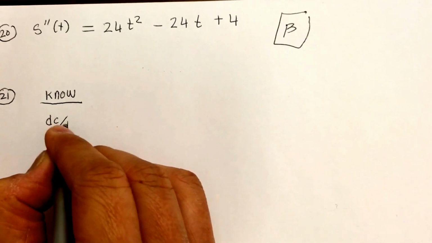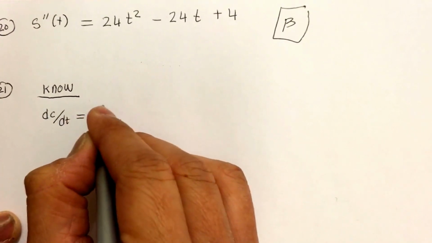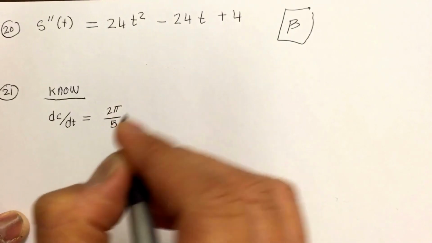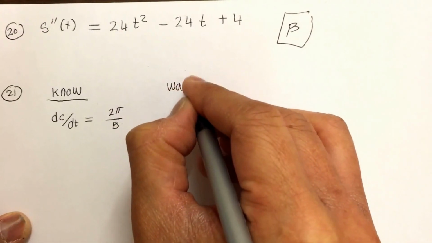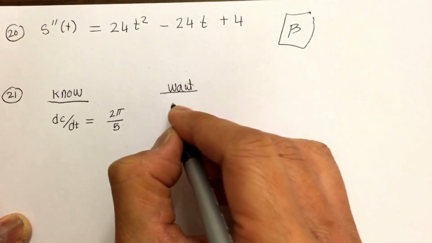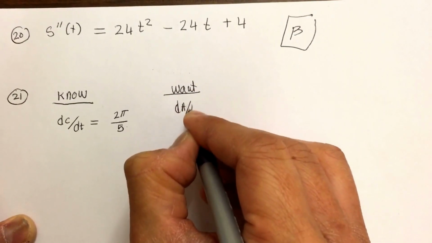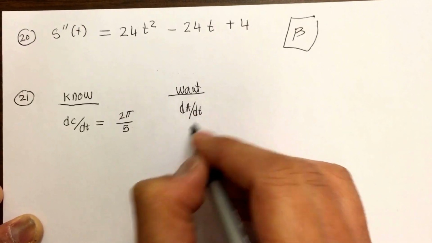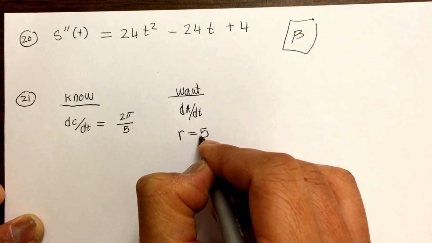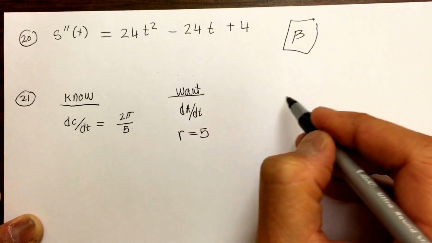So the change in circumference over the change in time is 2 pi over 5. What we want here is how fast the area is changing when the radius equals 5. So that's the information that we have.